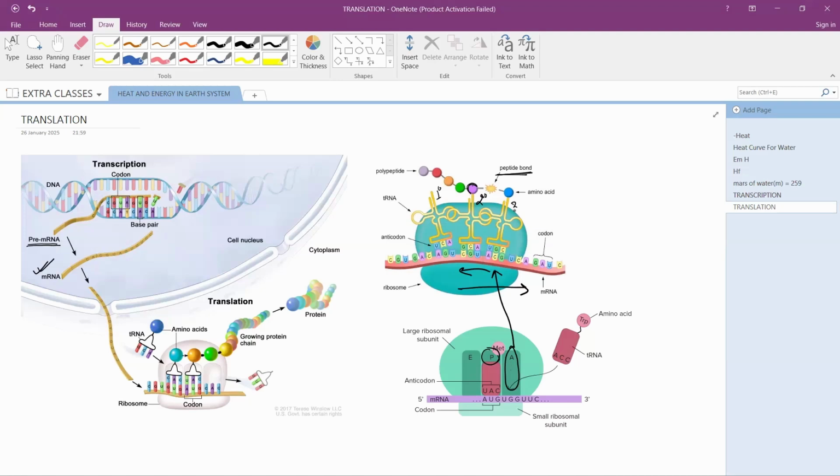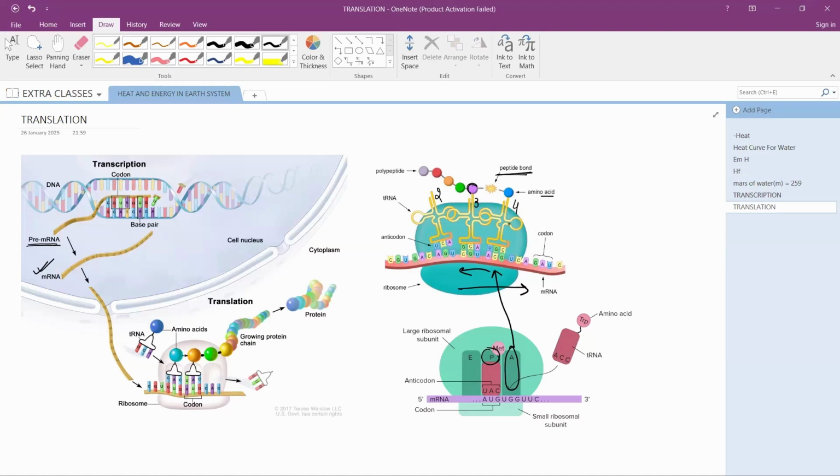Again, a third tRNA is present. The third tRNA will come with a specific amino acid, and this amino acid forms a peptide bond with the second amino acid. The second amino acid shifts to this position, the third shifts to this position, and again there is a fourth tRNA with another type of amino acid.